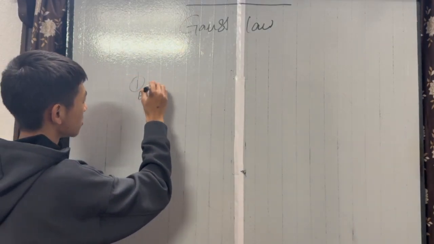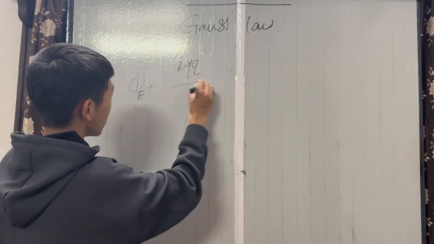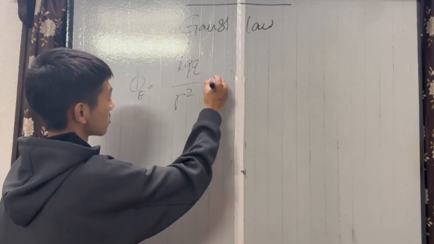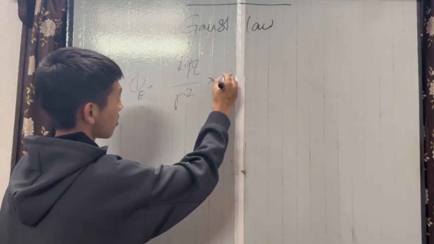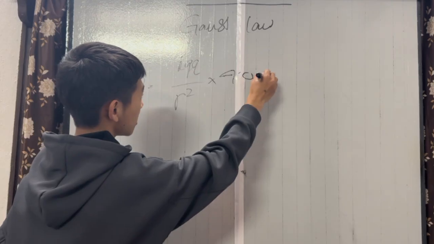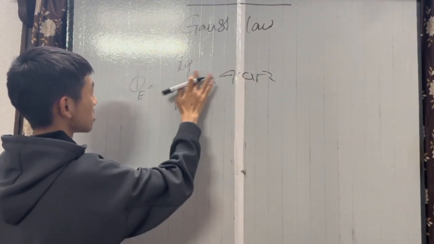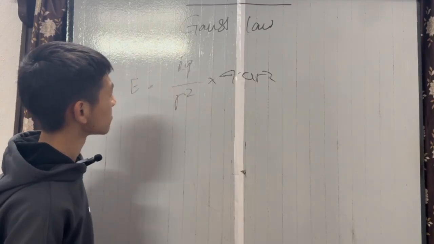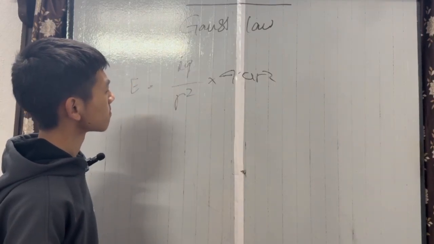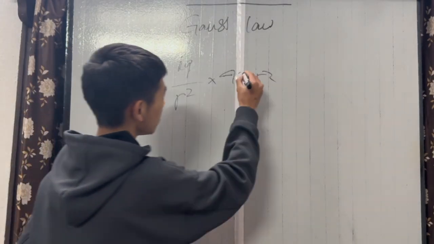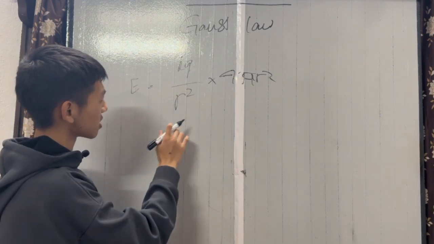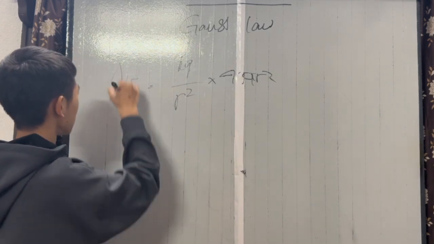Flux, E is equal to KQ by R square times 4 pi R square.